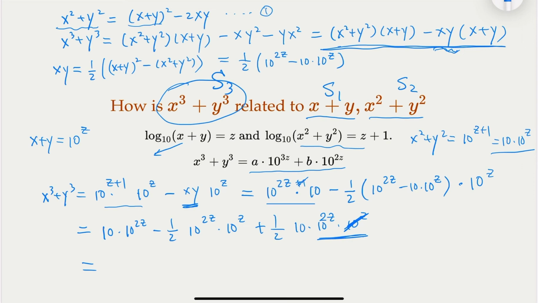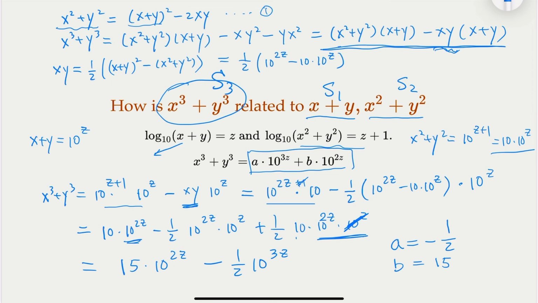And then you combine the coefficients: 10 to the 2z, and half of 10, which is 5. So that will be 15 times 10 to the 2z, minus half of 10 to the 3z. So when you compare to this, you know that a equals negative 1/2, b equals 15. So that's going to be our final answer.